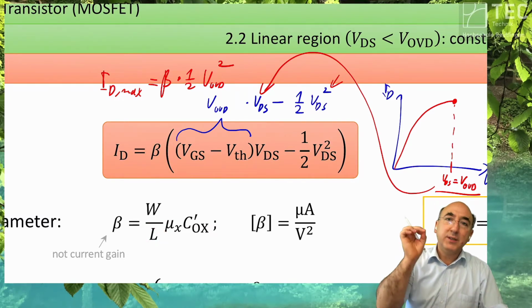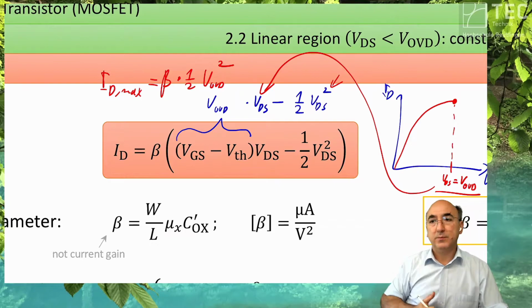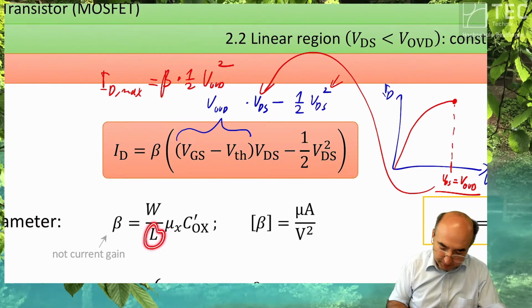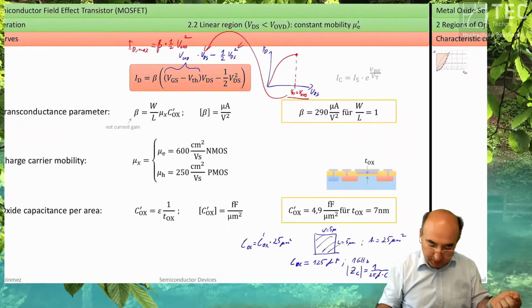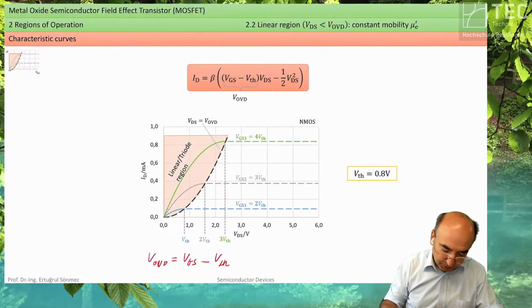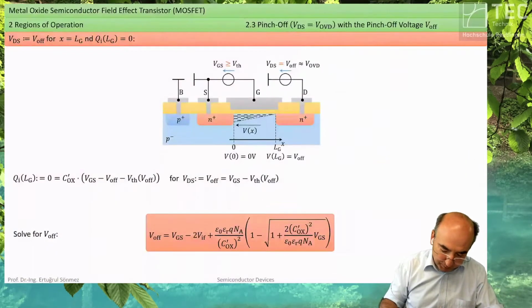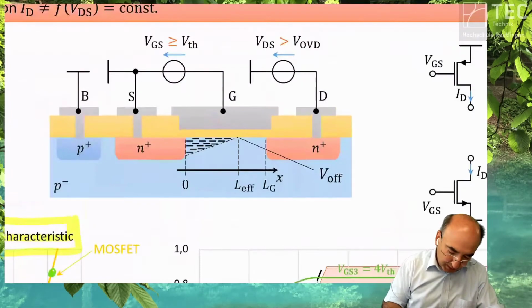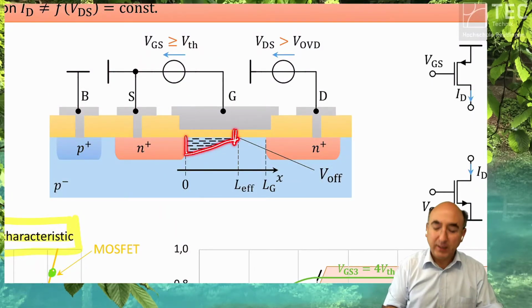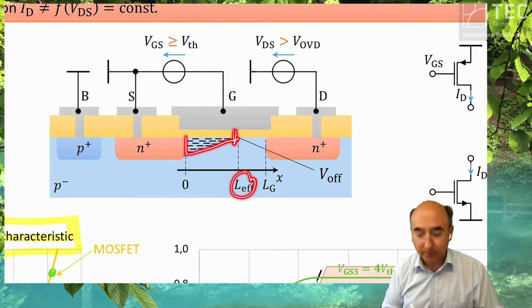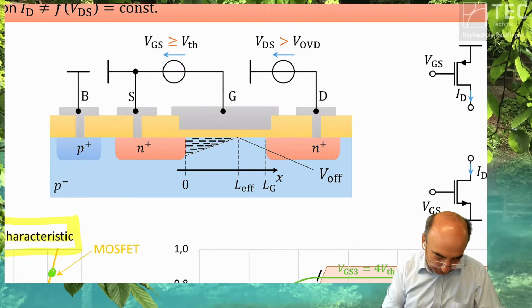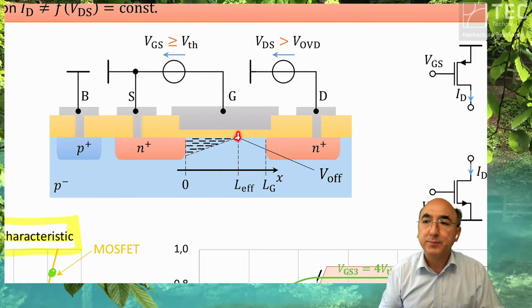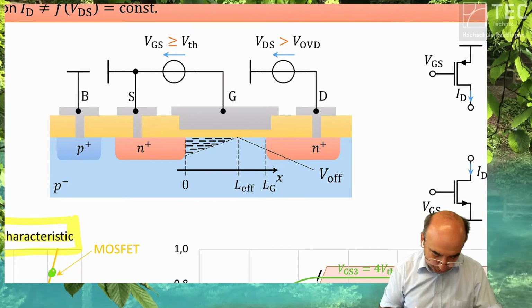So the current value increases if you reduce the length, but we don't physically reduce the length of the transistor if we pinch off the channel. If we pinch off the channel, the point where the channel pinches off is shifted. It is called the effective length.